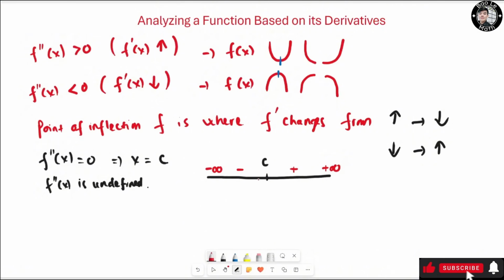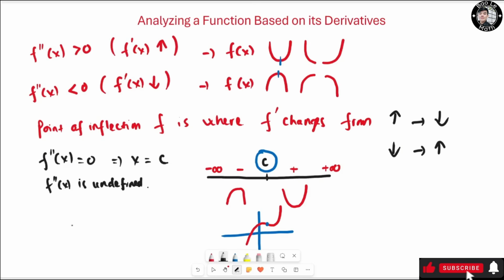Within this interval, the function f double prime of s is negative, which means the function is concave down, and this one is going to be concave up. So this point is the point of inflection. If you graph it, it could be something like this. The point of inflection is right here.